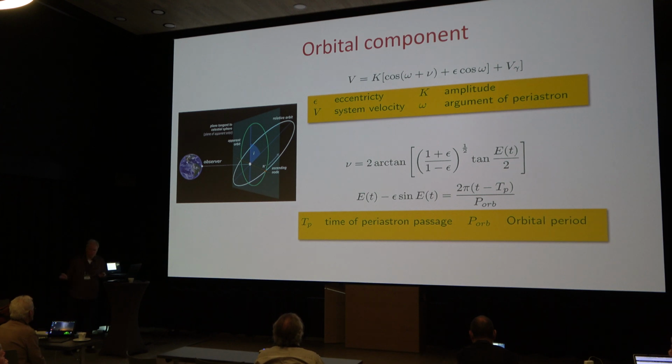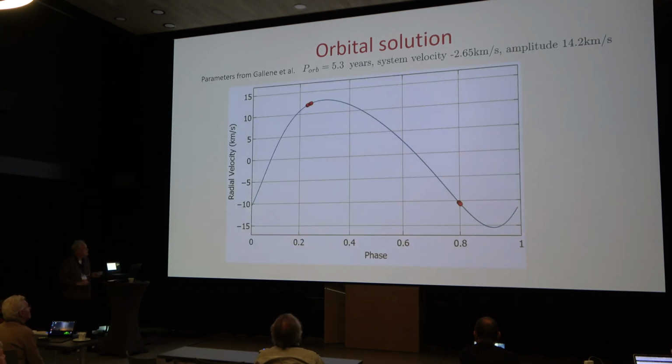And of course on modern computers, you take your finger off carriage return and it's solved. It's not a big deal, but you go back 30, 40 years and it would have taken a significant time. Anyway, you solve it and you get the blue trace here. That's the orbital solution. And here are my data, the red dots.